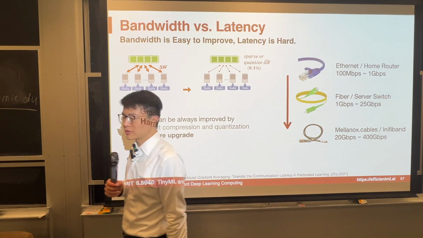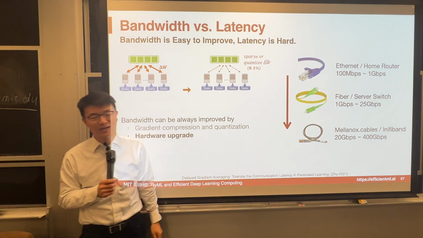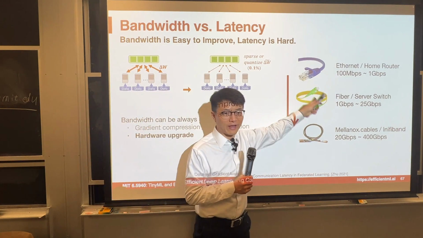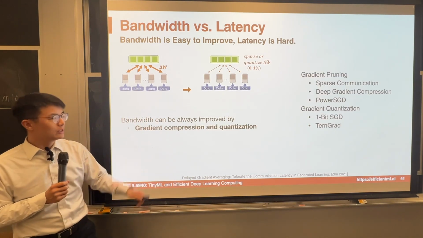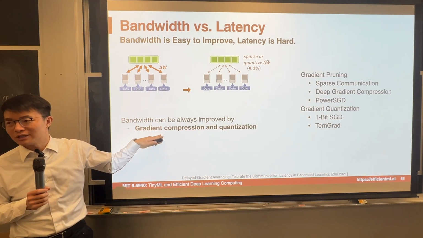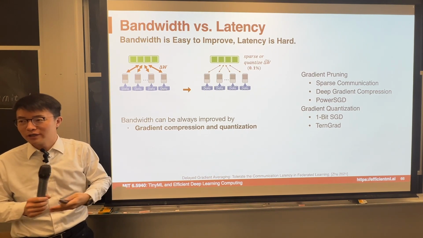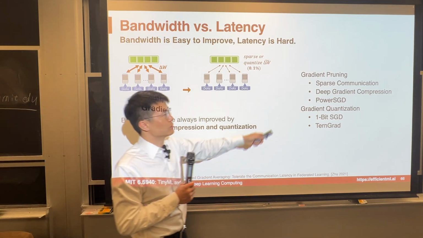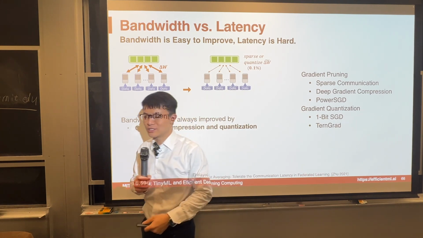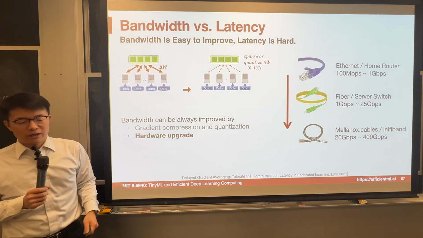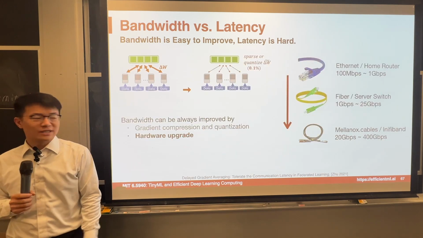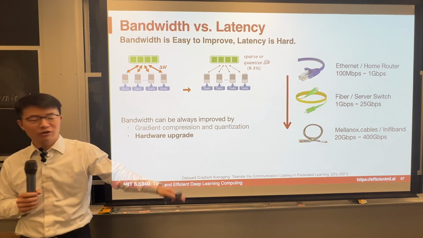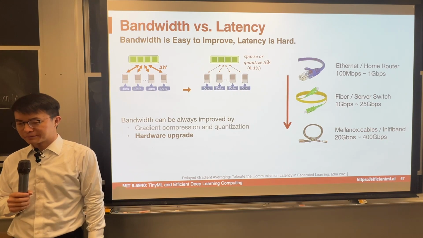Nowadays, you can get 400 gigabit or 800 gigabit per second, which is a lot faster than Ethernet. You can also apply gradient compression to reduce the workload to communicate by using pruning techniques or gradient quantization techniques. So you can conquer the bandwidth problem relatively easily by either compressing the workload or upgrading the hardware.